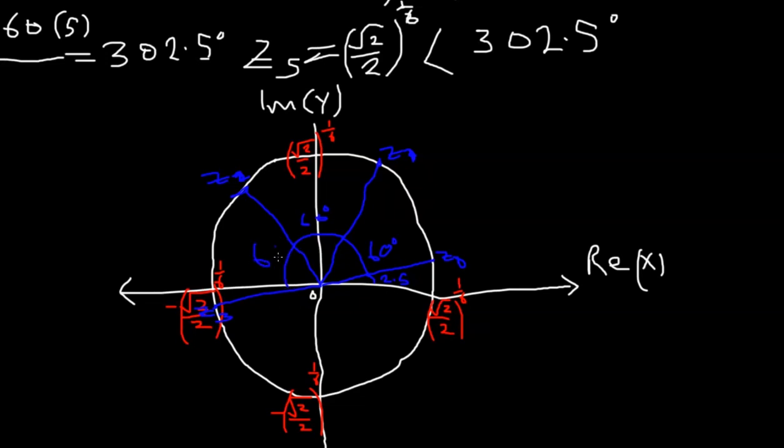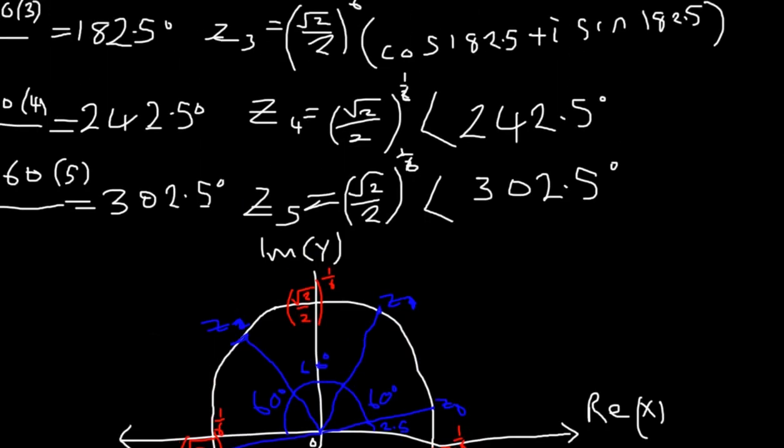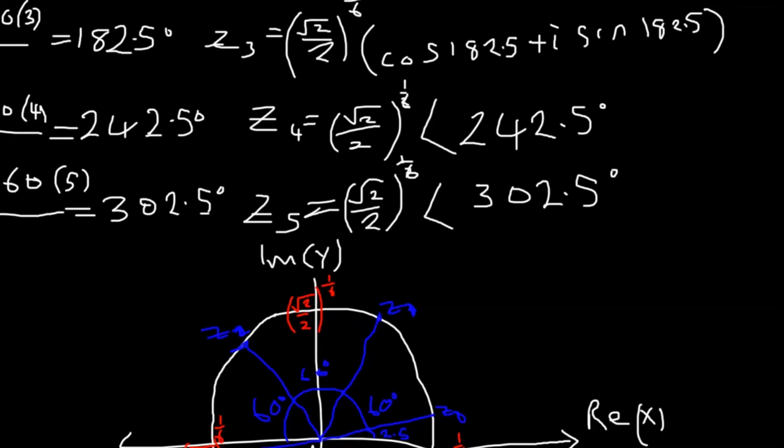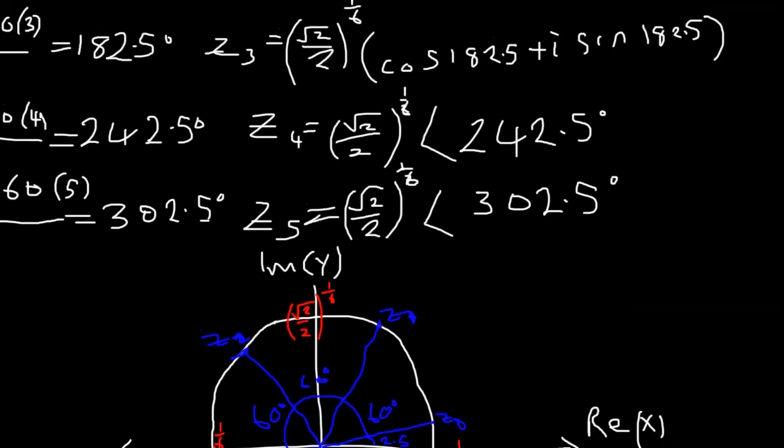So take note of these angles. If the differences between the angles are not the same, somewhere you went wrong, your answer is not correct. So if the angles in between are consistent, just know that you've gotten it right.